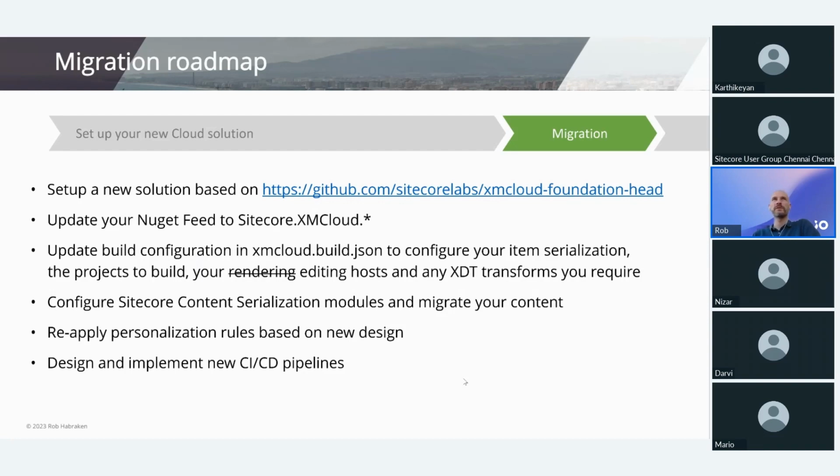If you have an implementation with the desire to redesign the front end anyway, if you have an implementation that needs new page types, or you want to refresh the design, and you have a big step to make coming from, for example, MVC, you can also consider to set up a parallel XM Cloud solution and start working in there, and gradually moving pages over using the reverse proxy, as long as you're running in a hybrid mode.